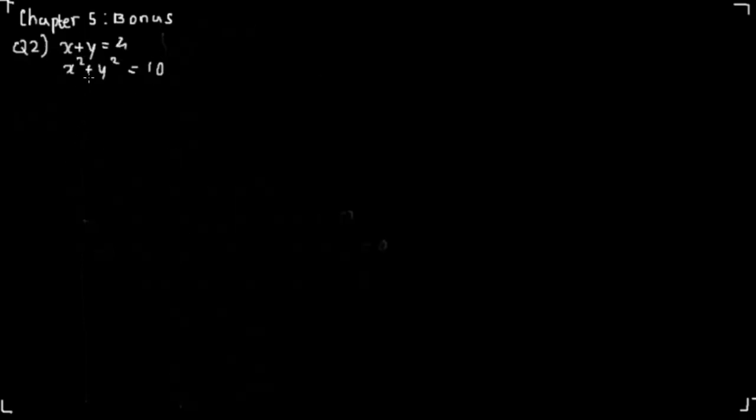So this is the next question: to solve this set of simultaneous equations. Also, before you attempt any of these questions, try doing them yourself, just to see if you can do it. That's the whole point of the bonus chapter, or bonus video.